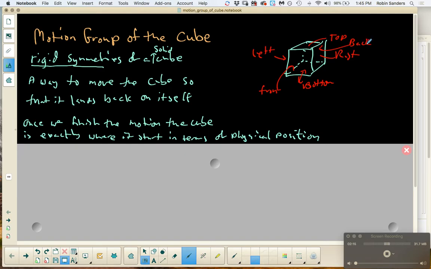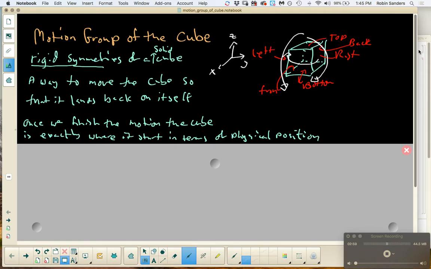And if I'm wanting to rotate this cube and have it land in the same spot, basically I can rotate it in that direction, which would be around the y-axis if we're thinking about a standard x, y, z setup, or I can rotate it in this direction, which would be rotating around the x-axis, or of course I can rotate it around the z-axis, going that way. Trying to draw pictures is obviously complicated, so I want to look at a cube that I can pull around in real time.